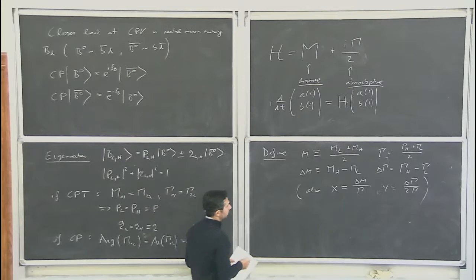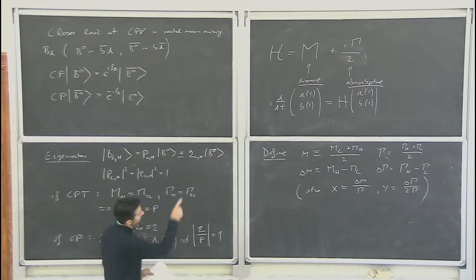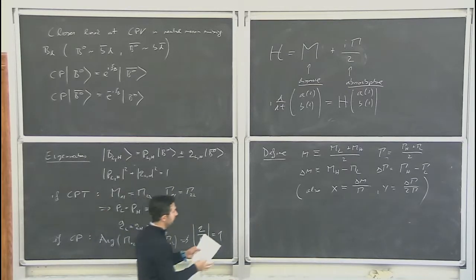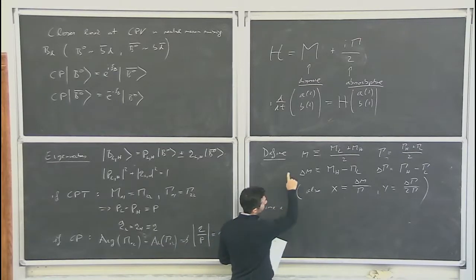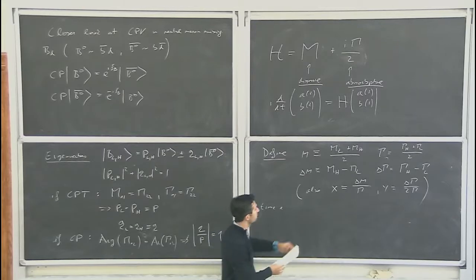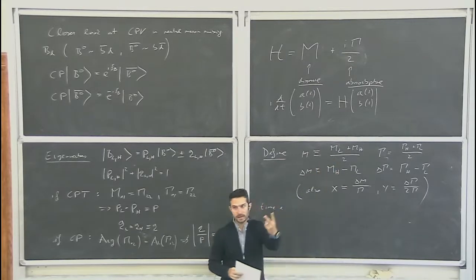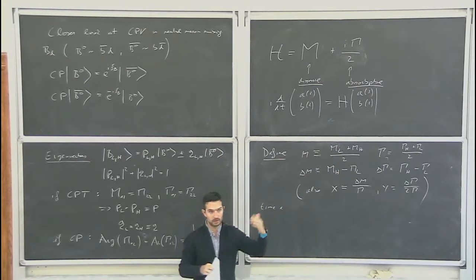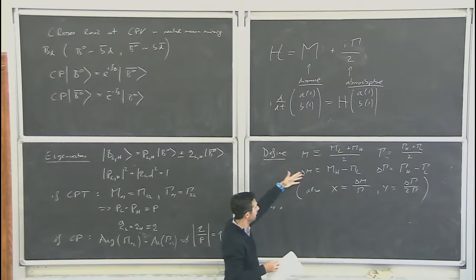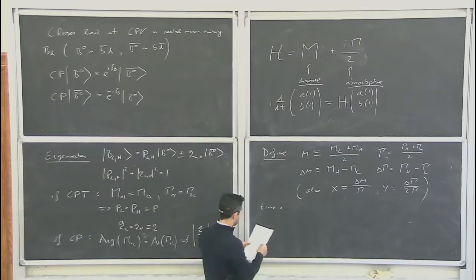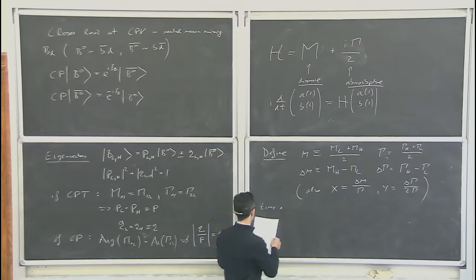Now let's reconsider the time evolution of our system in terms of these measurable quantities. By measuring the two masses and the widths, or lifetimes, of the physical mass eigenstates, I can parameterize this time evolution in terms of these quantities.